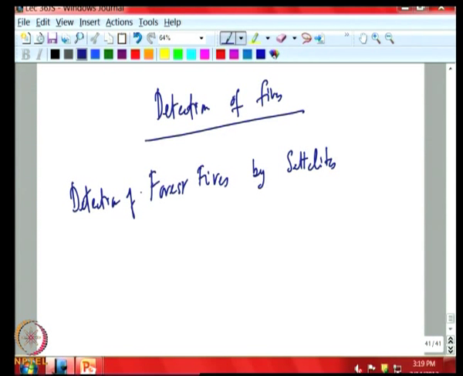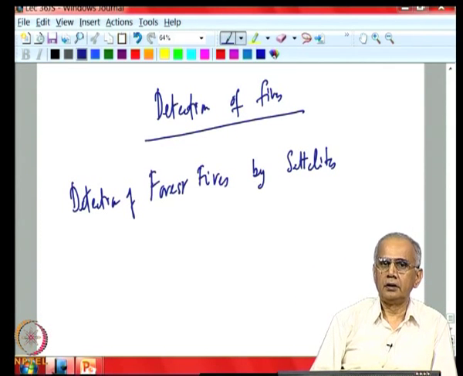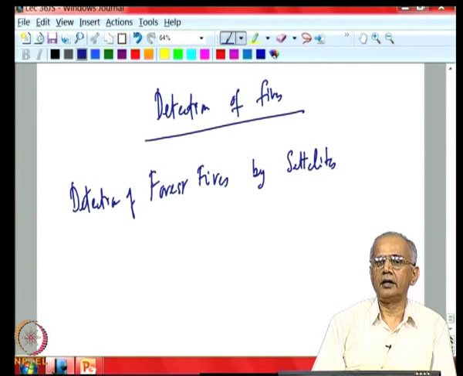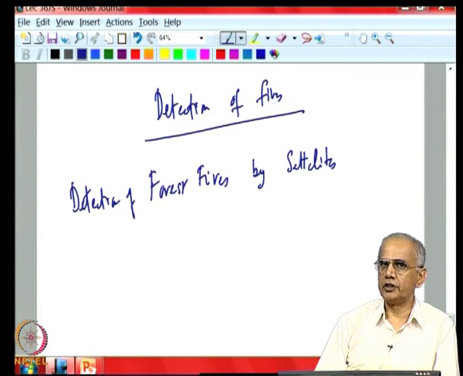Now, the amount of radiation from a forest fire, a small forest fire, reaching the satellite is quite small. Typically, satellites are at 800 kilometers or even larger height, and so the amount of photons reaching there is very small.